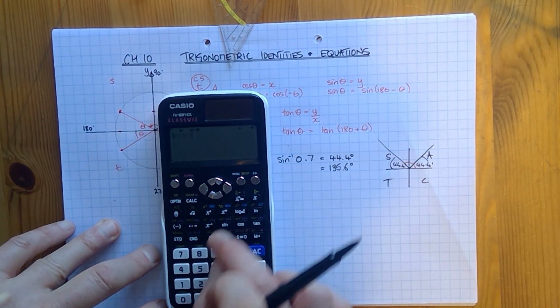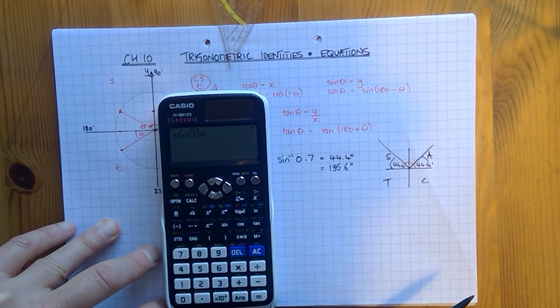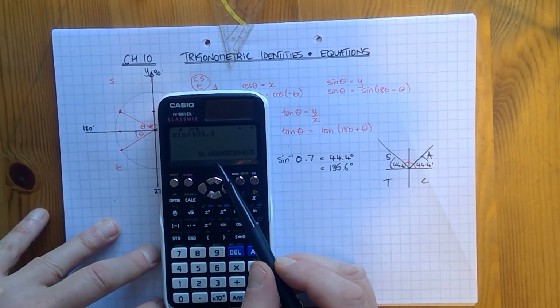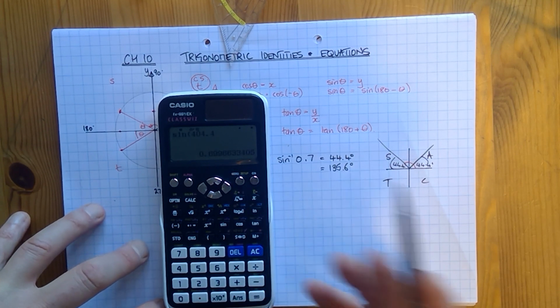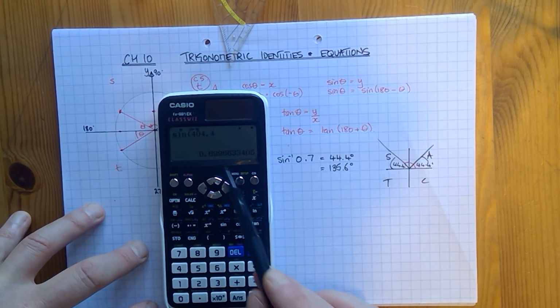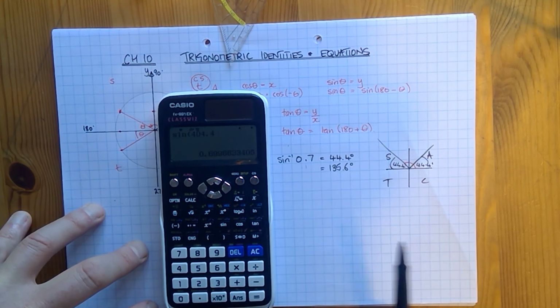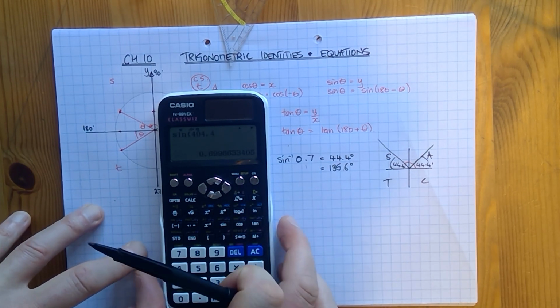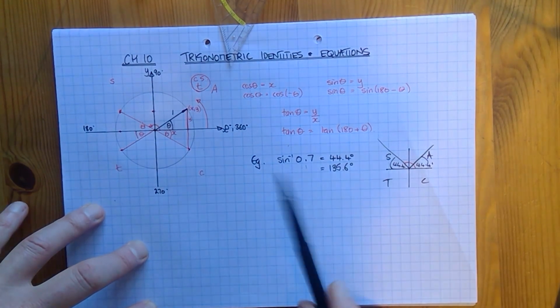Let's try it. Sine of 404.4 is 0.6996. Well, allowing for rounding inaccuracies, that's pretty much our 0.7. So that's how we do it.